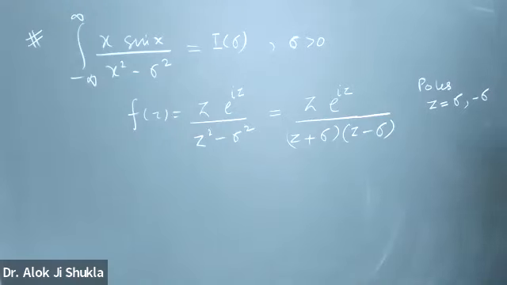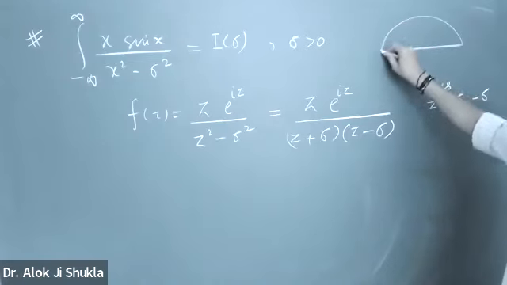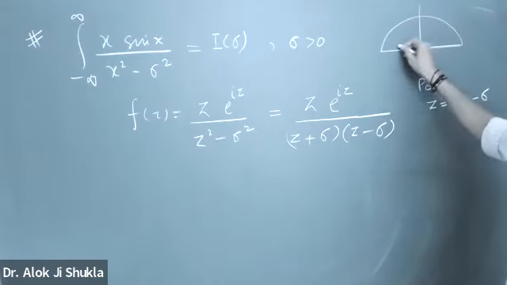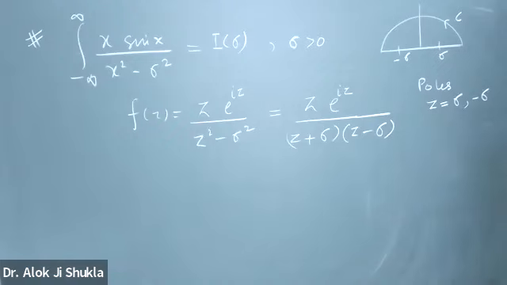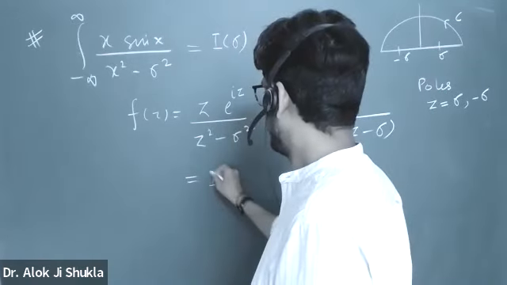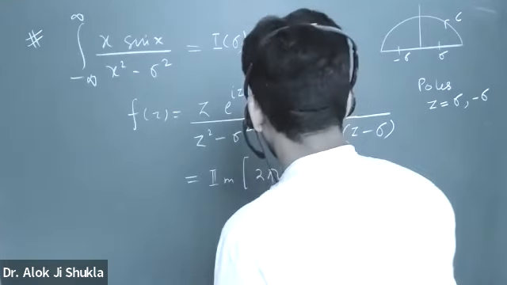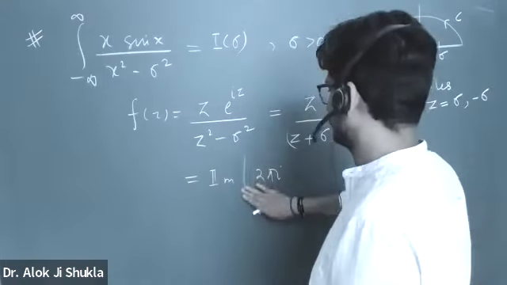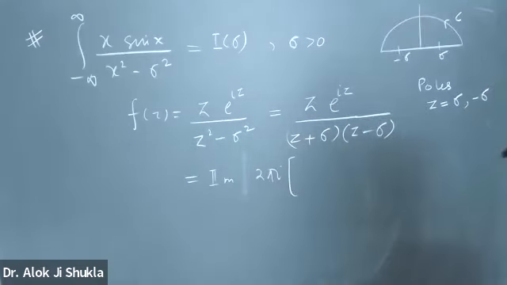They both will lie on our contour, one here and one here. This is our contour. So what will be the answer? It will be the imaginary part of 2 pi i times the sum of residues.